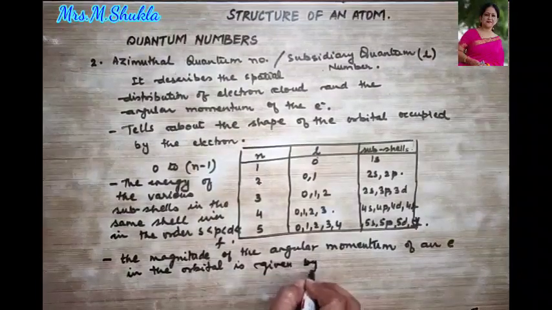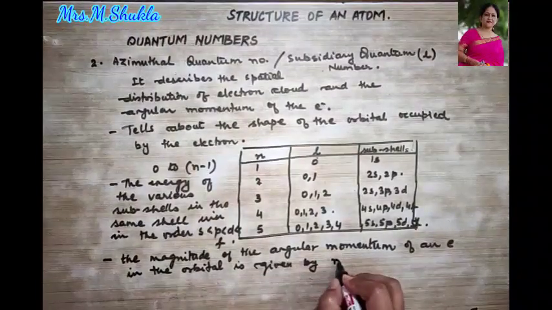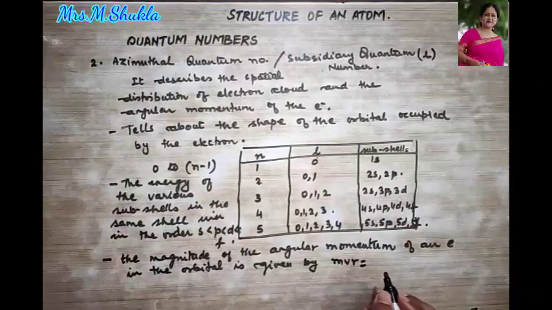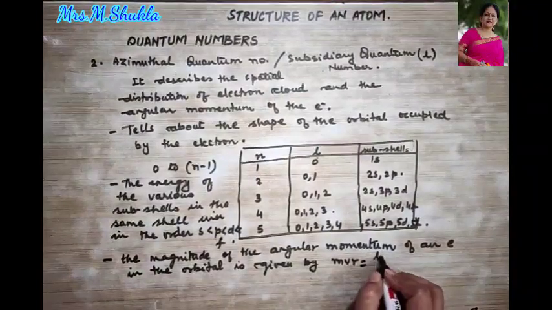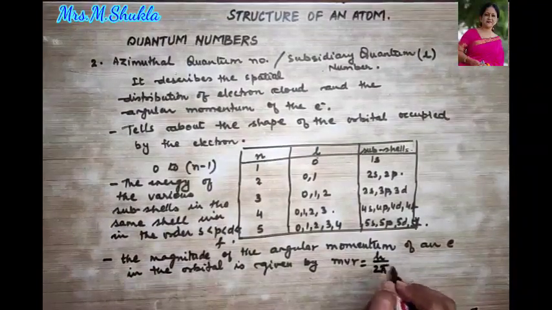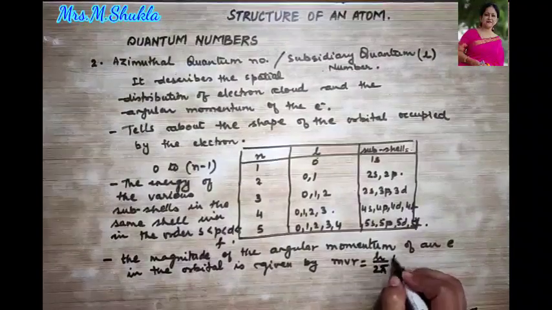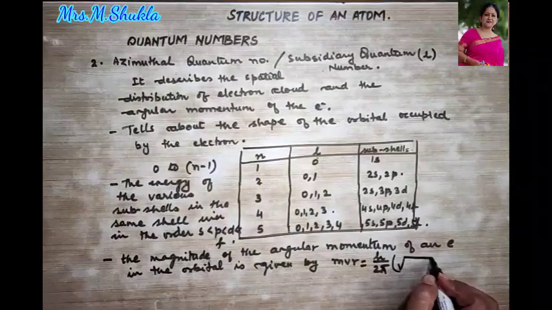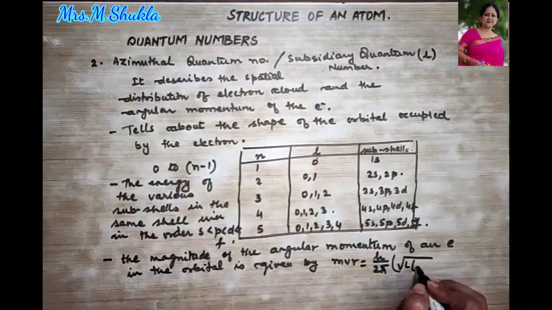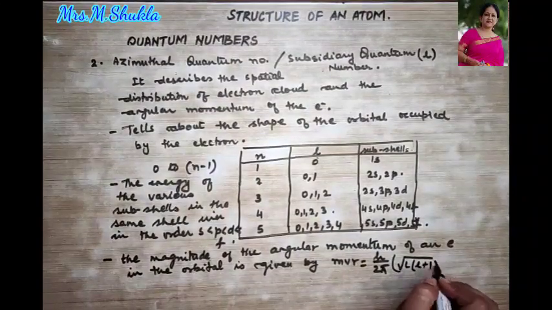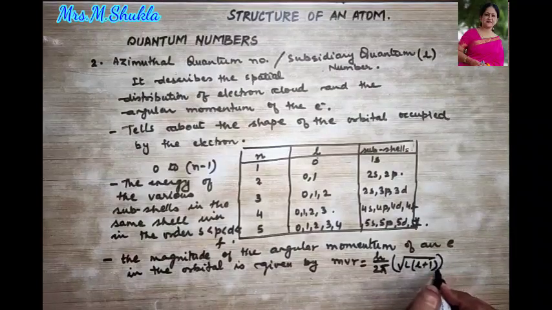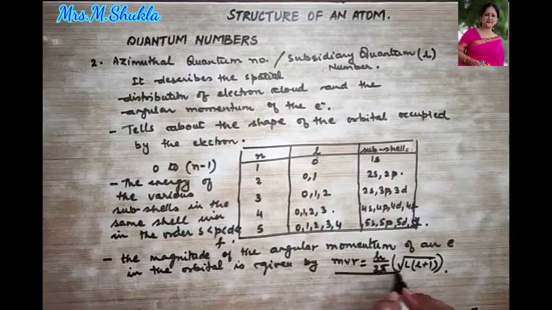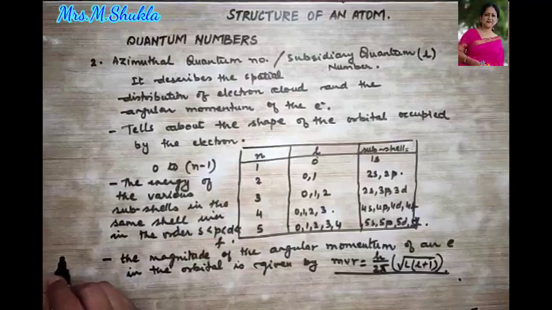It is given by angular momentum mvr, which is equal to h upon 2 pi times root of l into l plus 1. Okay, this is very important to be learned.